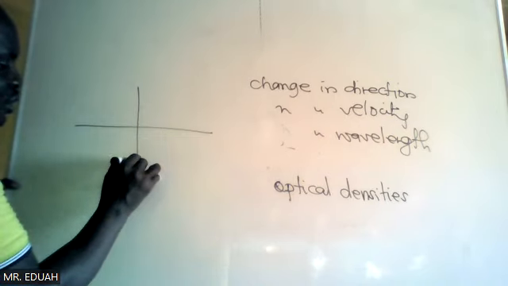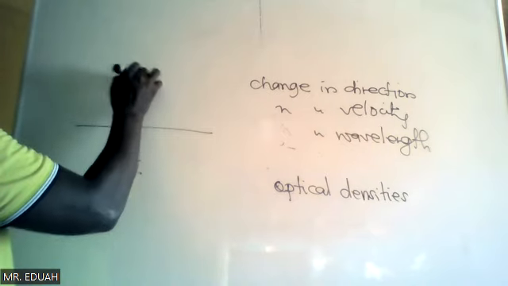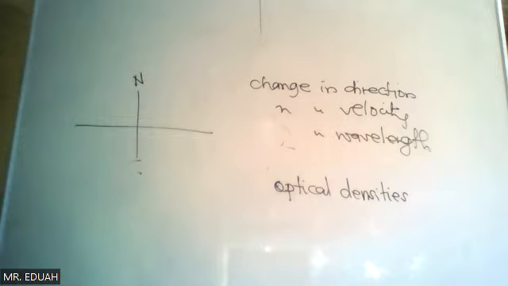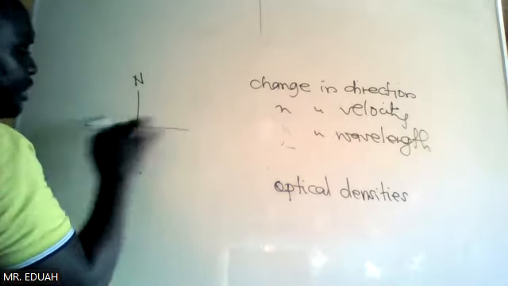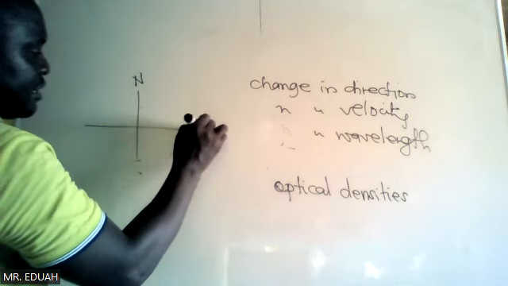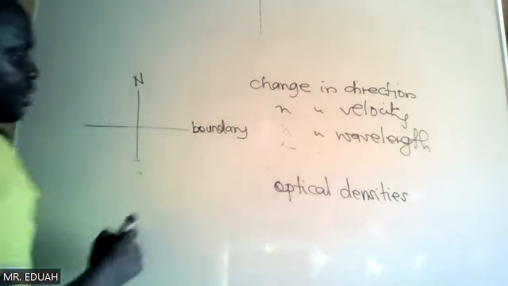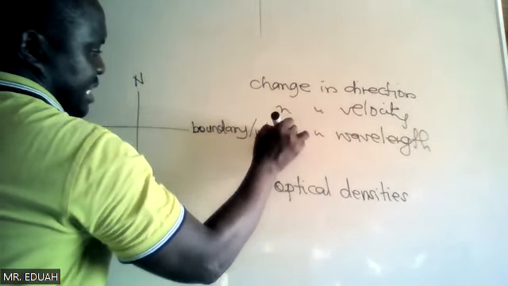Whenever you want to draw a ray, because you talk about angle of incidence and angle of refraction, there is a need for the normal. This is a boundary or the interface between the two media.